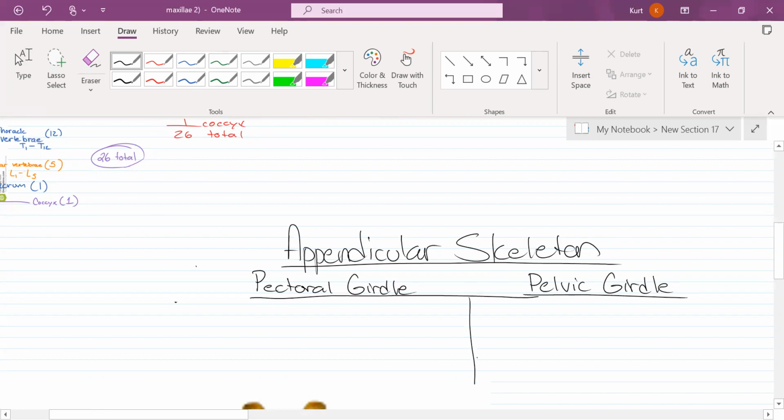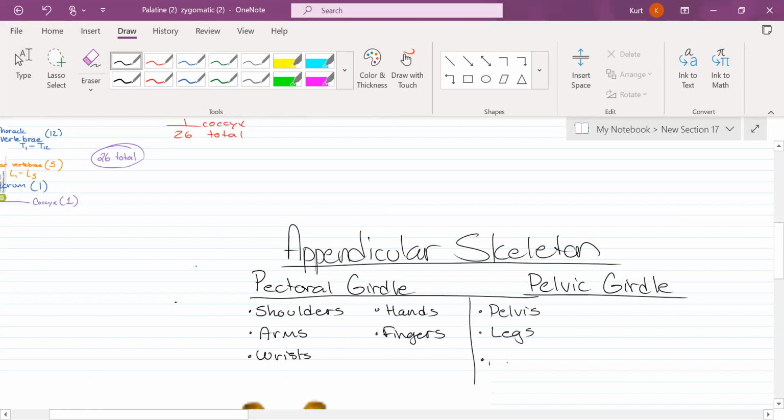Your pectoral girdle includes your shoulders, arms, wrists, hands, and fingers. Your pelvic girdle includes your pelvis, your legs, your ankles, your feet, and your toes.